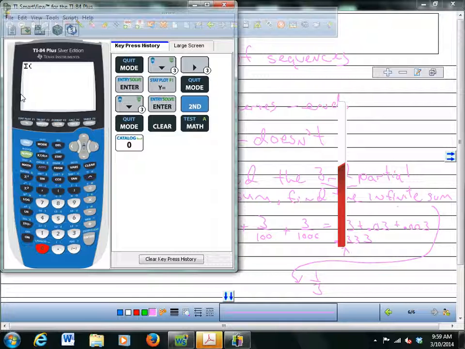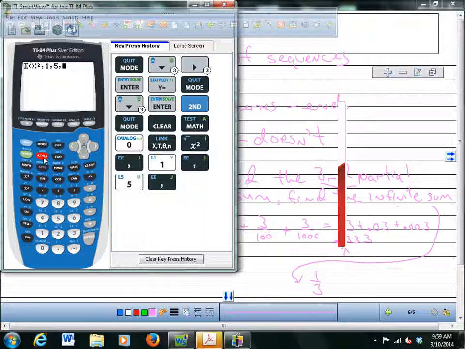I'm going to first plug in my formula, x squared, comma, then from 1 to 5. And then you have to tell it which variable you're summing up. So what this says is I want the sum of the sequence of all the x squared terms from 1 to 5. And again, how I got here, I used math, then 0.